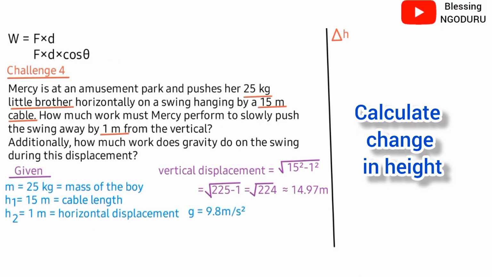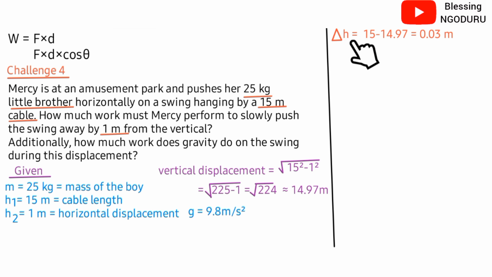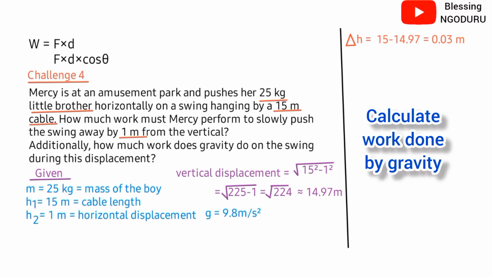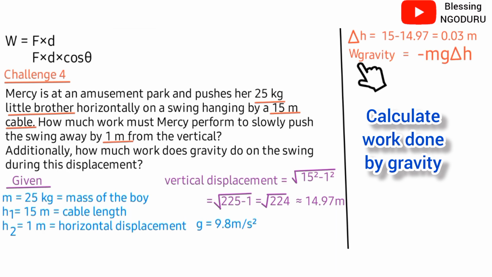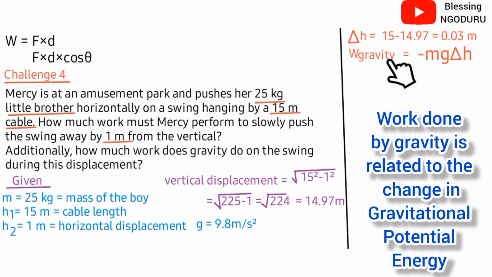Now let's calculate change in height. Let's represent change in height with delta h, which is equal to 15 meters, being the length of the cable, minus the vertical displacement, which is 14.97. So 15 minus 14.97 gives 0.03 meters. Now let's calculate how much work gravity will do on the swing during this displacement. The work done by gravity is related to the change in gravitational potential energy.